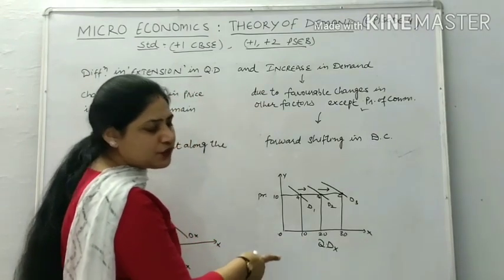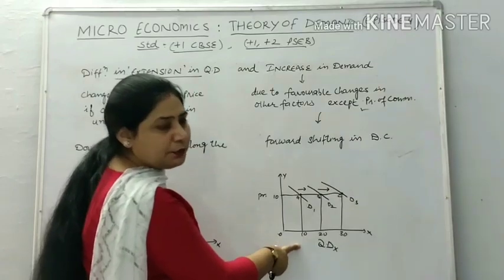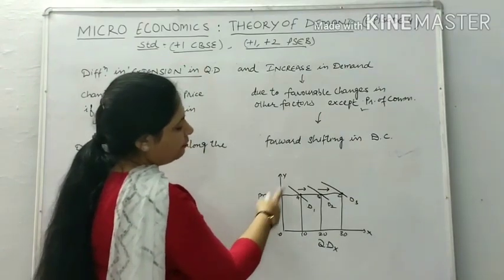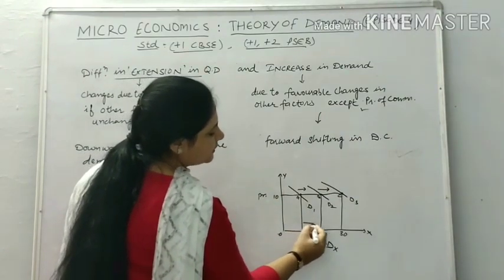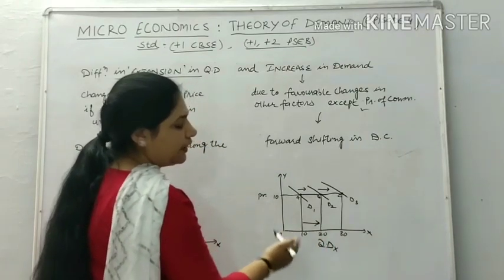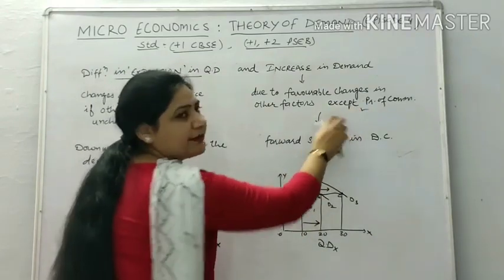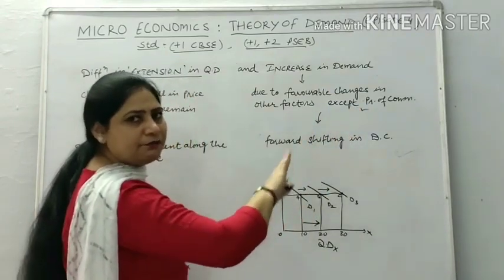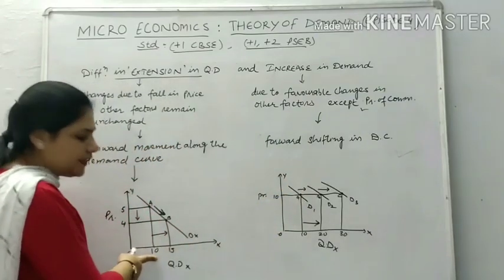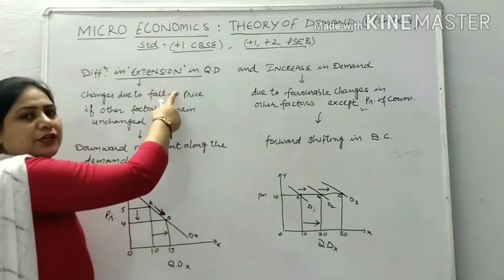In his first condition, he was purchasing 10 quantities at this price, but now he has extended his demand. We call it increase in demand because here price doesn't affect at all, but other factors are affecting.